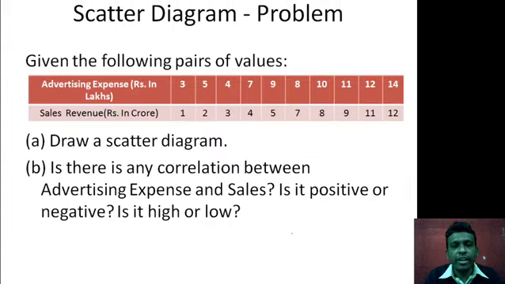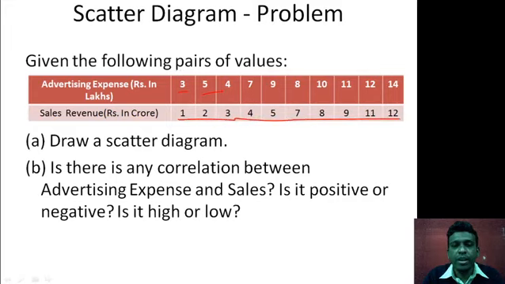So we shall take an example on scatter diagram. So problem, let's see if we can solve this. Given the following pairs of values, advertising expense in rupees lakhs, sales volume in rupees crores. So you can see that there are some values given in advertising expenditure and some values are given in sales revenue.